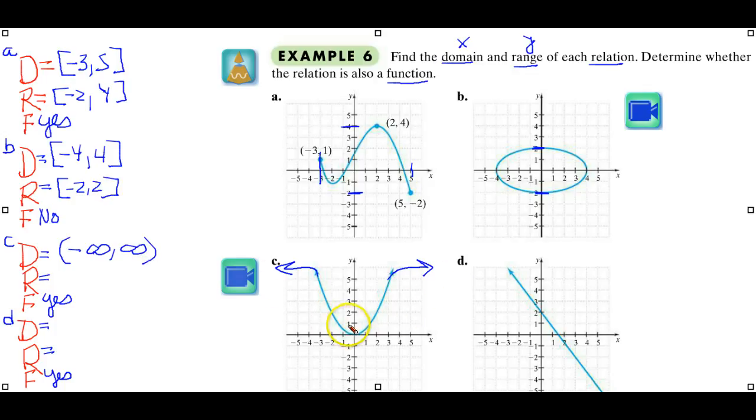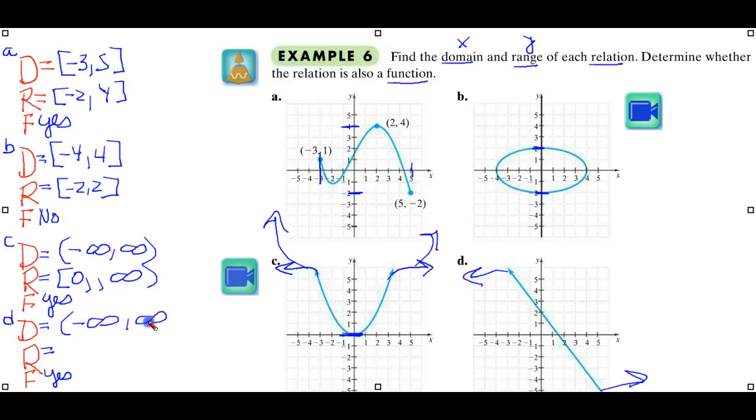Now for the range, it's starting here at 0, and it also will be going up this way, so to +infinity. And for this one, again, it's going to go way out there and way out there, so from -infinity to +infinity, and the range will also go up that way and down this way.